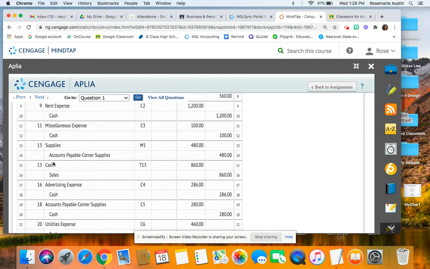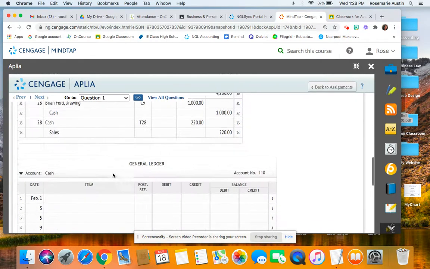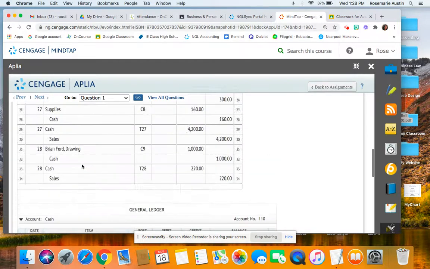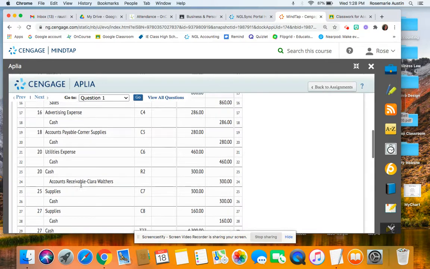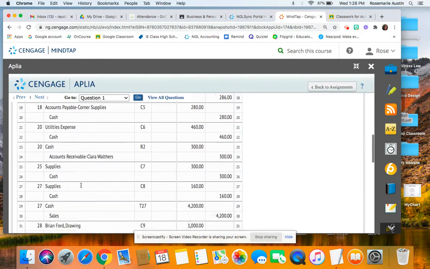That 13th, no, but this one on the 13th, yes. So 13th, 16th, and 18th. Let's see what we have after the 18th. We have the 20th. We have 2 on the 20th and 1 on the 25th.